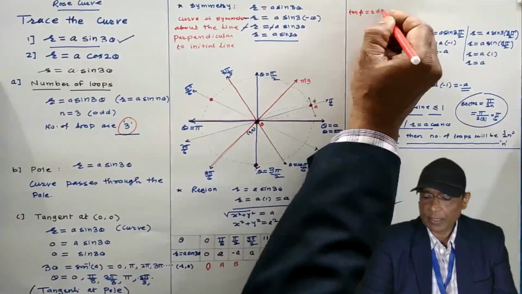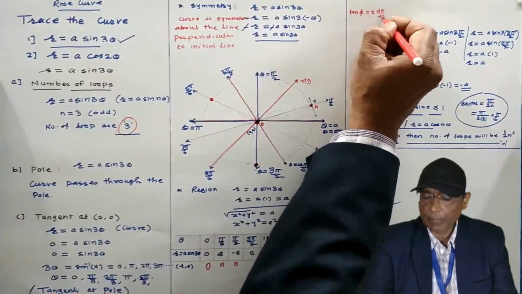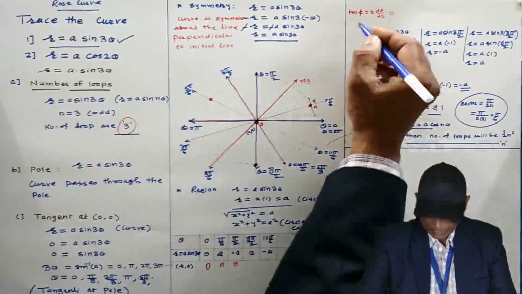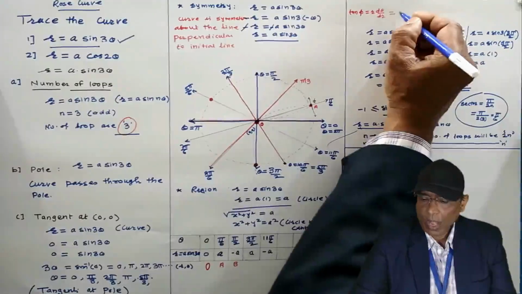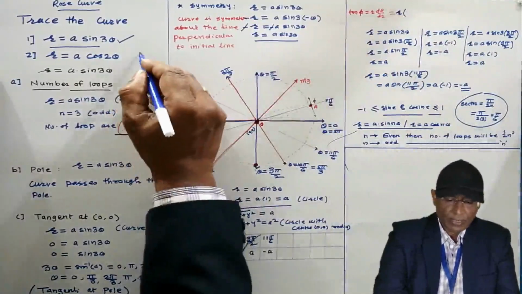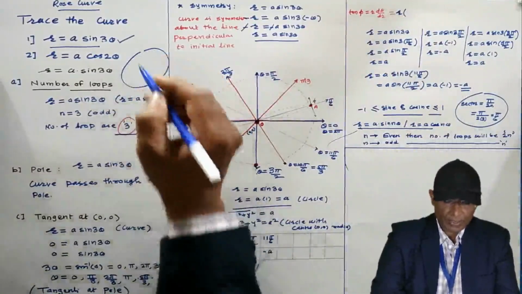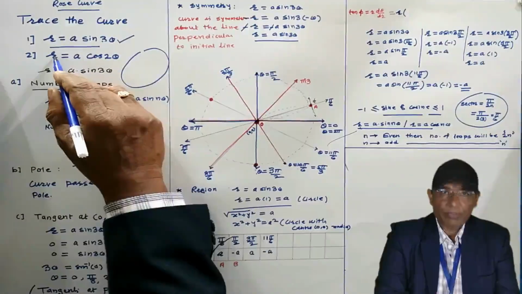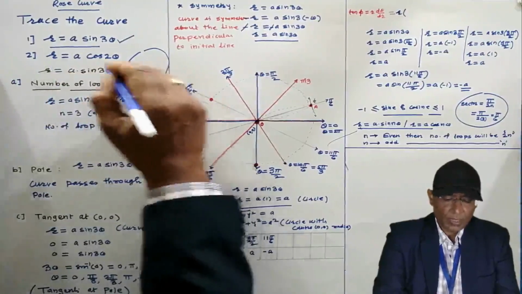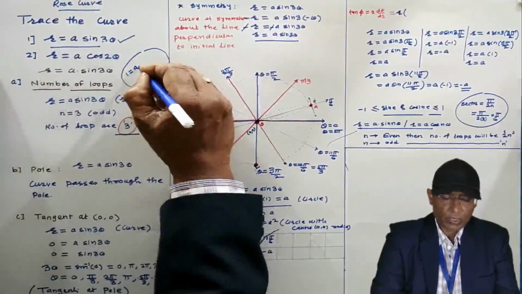r d theta by dr. This is the formula for tan phi. You can remember it. Now, I am putting the value of r d theta by dr, so I am finding d theta by dr here. Take the derivative of r with respect to theta, where a is a multiplicative constant.